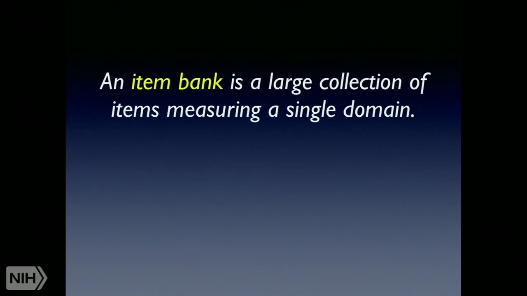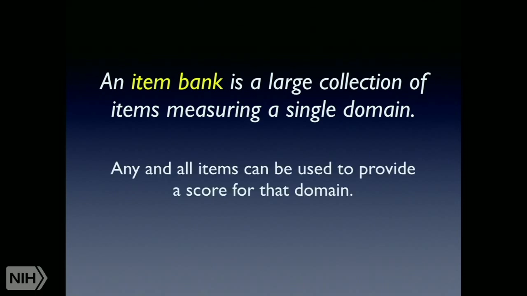In contrast, when we use item response theory, we are able to create something called an item bank. Right? And an item bank is a large collection of items measuring a single domain, like fatigue, right? Or pain intensity. Okay? Any and all of the items from the bank can be used to provide a score for that domain.